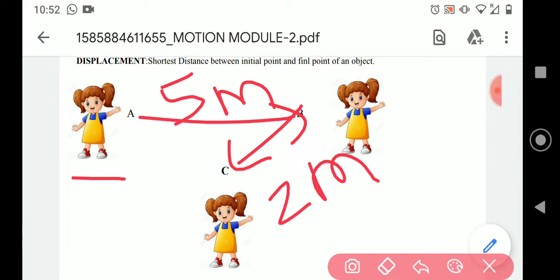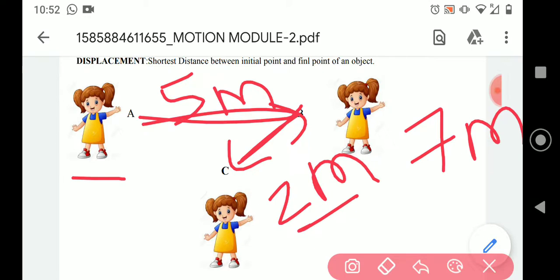What about the change in position of the girl? The girl changes from A to B and B to C. In this case, what is the total distance covered by the girl? Total distance covered by the girl is 7 meter. From A to B 5 and from B to C 2 meter. So 5 plus 2, 7 meter.